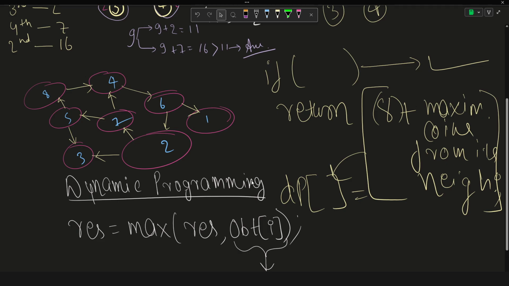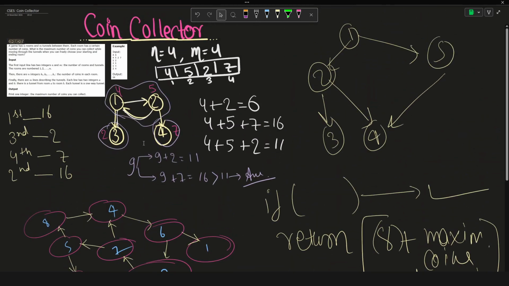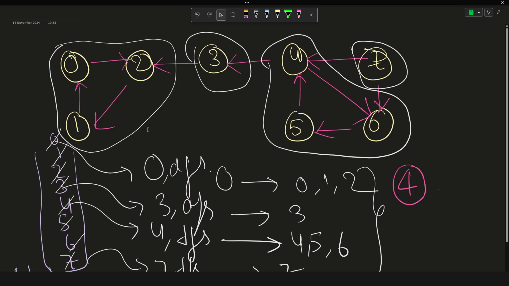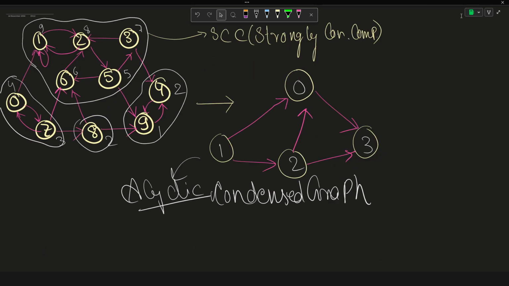So I hope you understood the logic part, like why strongly connected components and Kosaraju's algorithm. Through this example, I tried to make you understand the concept of a strongly connected component and how it is obtained using Kosaraju's algorithm. After it is obtained, I tried to explain how a condensed graph is obtained, and why a condensed graph is always acyclic.